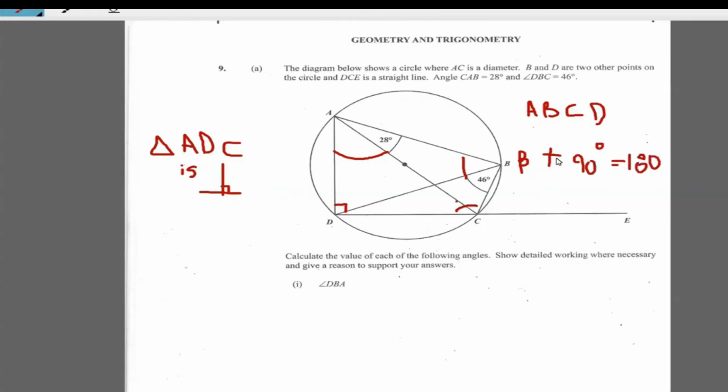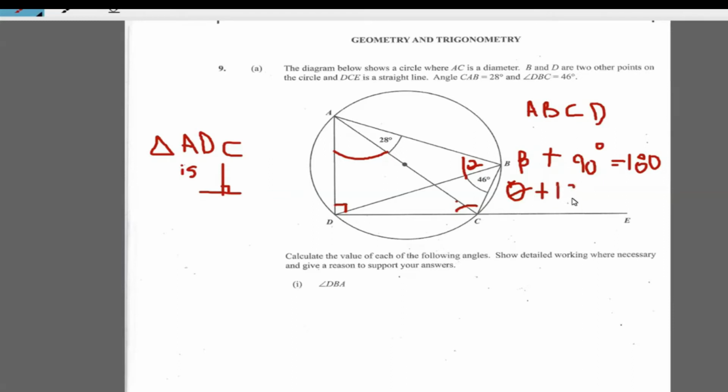But the angle at B is two angles. Let's call this theta plus 46. So we have theta plus 46, and 46 plus 90 is 136.